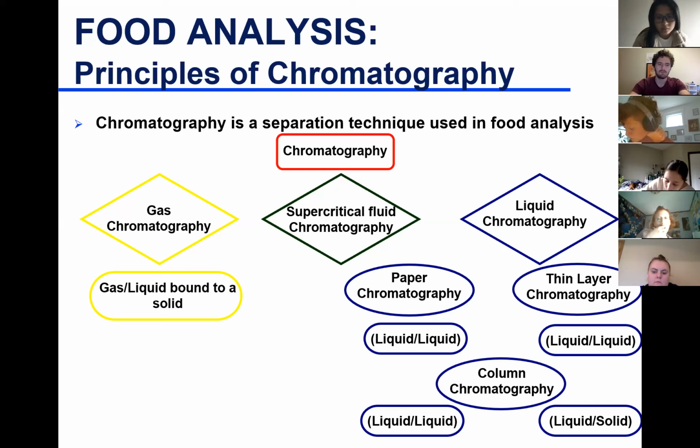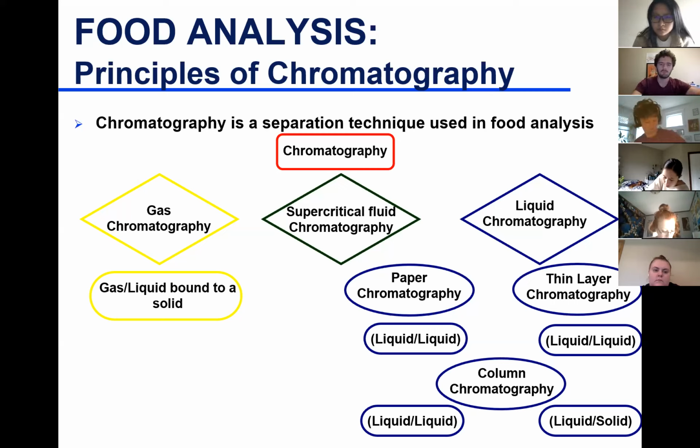When you say liquid chromatography, it really refers to the mobile phase. Gas chromatography refers to the mobile phase being gas, and in liquid chromatography, your mobile phase is liquid. That's the differentiation there.